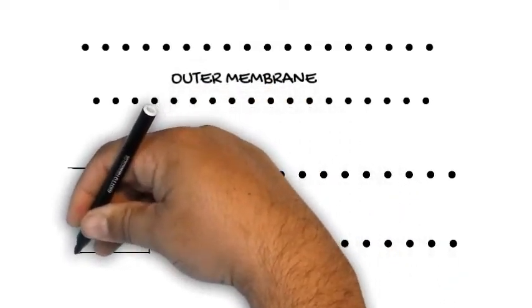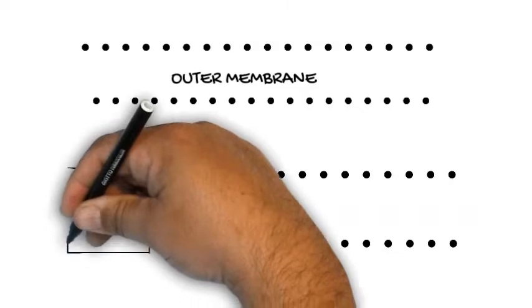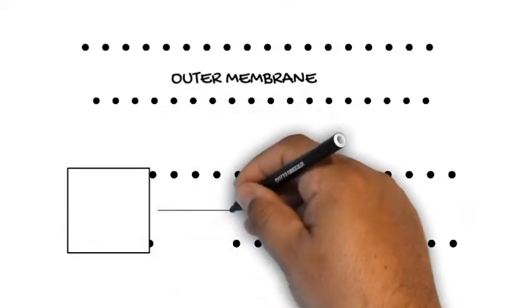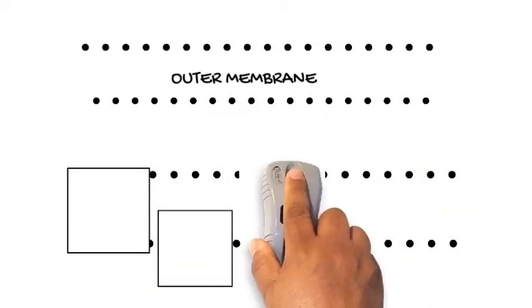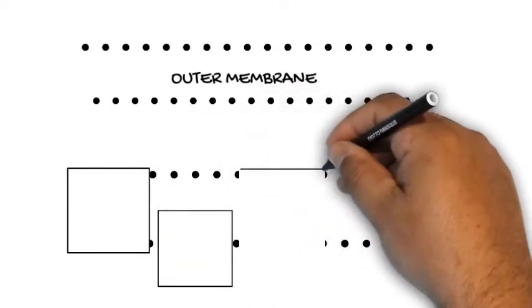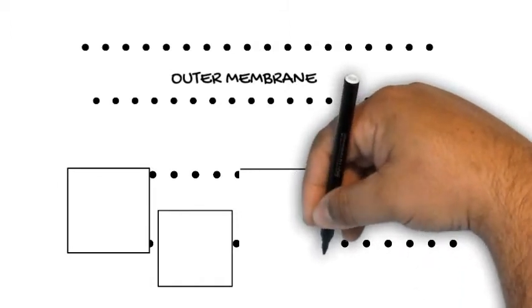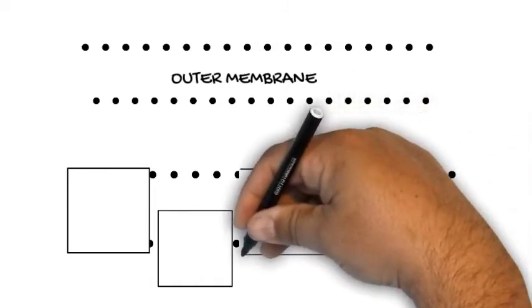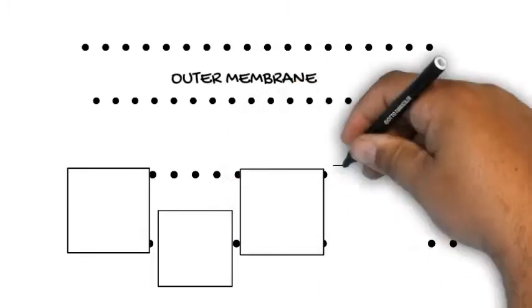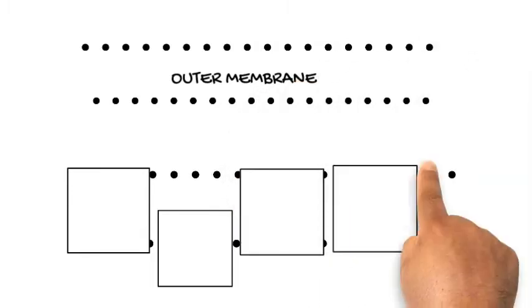So this is complex 1, which uses NADH, as I showed you, generated from various reactions in the TCA cycle. And complex 2 is actually succinate dehydrogenase from the TCA cycle. And you'll notice complex 2 is not a transmembrane protein.